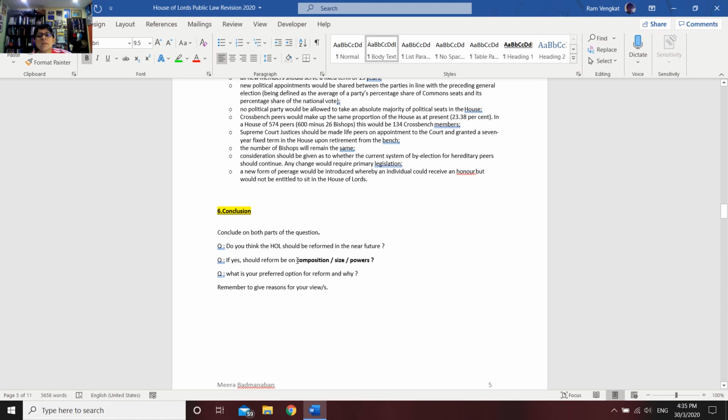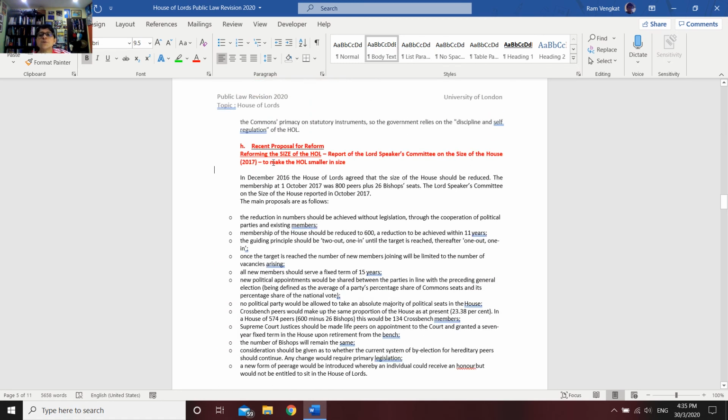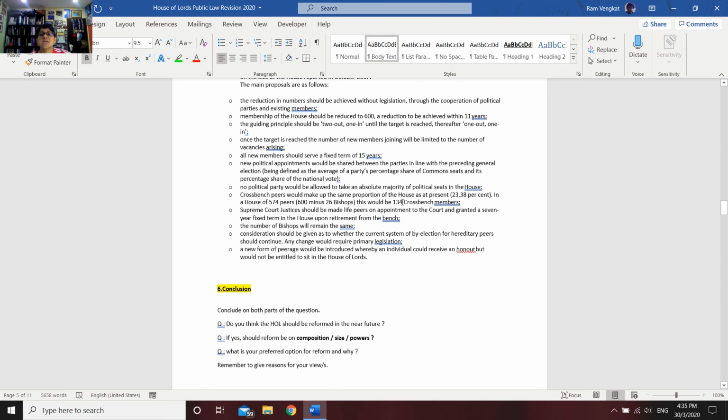Now, in terms of the size, you can say that you would agree with the report of the Lord Speaker's Committee, that it would be a good idea for it to be eventually reduced to around 600 to be compatible with the House of Commons. But in terms of powers here, all right, so you've got composition, size, powers.